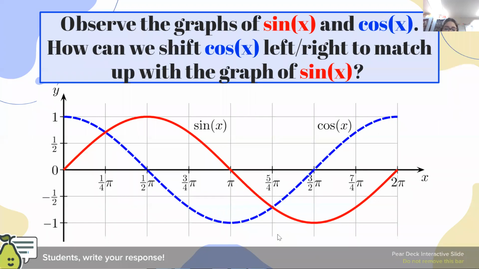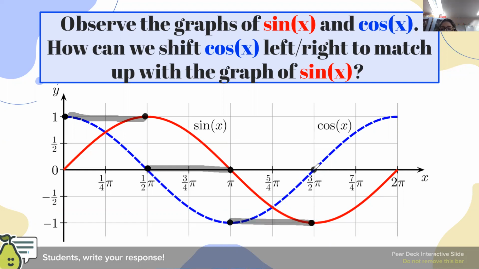So first off, we noticed that our sine graph can shift into cosine and cosine can shift into sine. If we're trying to move the cosine graph, it starts at the point x is 0, y is 1. I can shift it over 1, 2, and end up at this point right here. From my cosine graph, I can start at this minimum value, x is pi, y is -1, shift it over 1, 2, and end up on my sine graph.